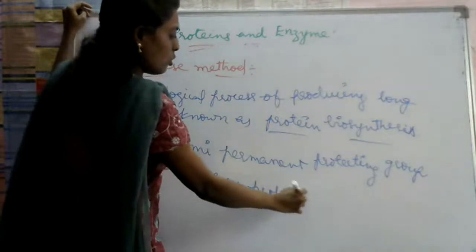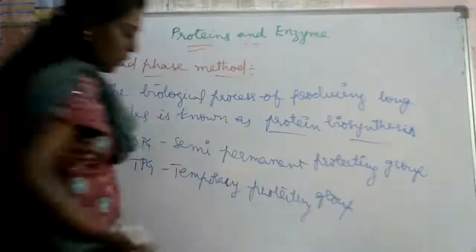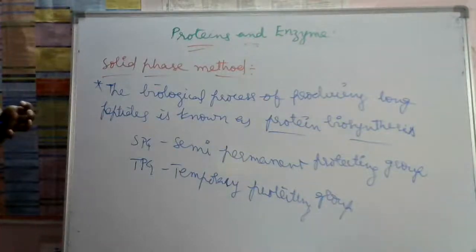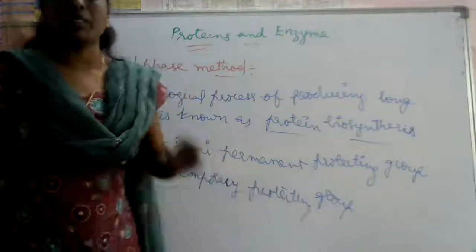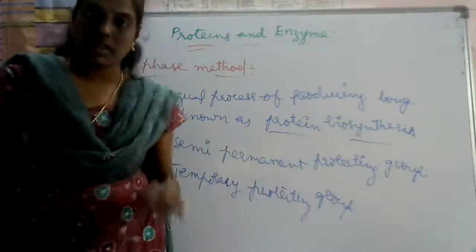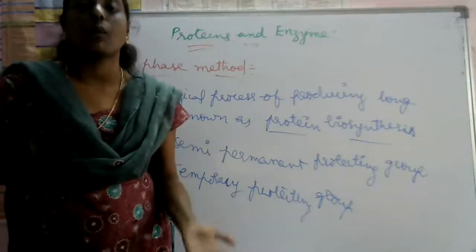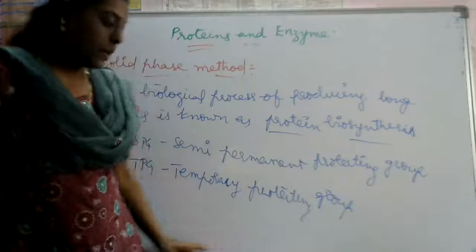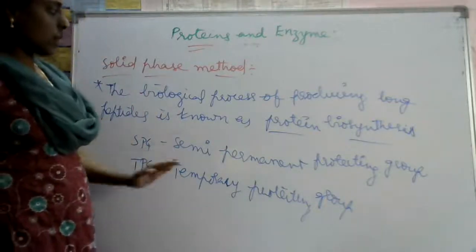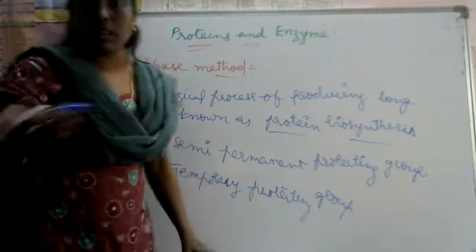We use either a semi-permanent protecting group or a temporary protecting group. Where we protect temporarily, we have to deprotect after the formation of the peptide. Let's see the steps involved in this solid phase method one by one.